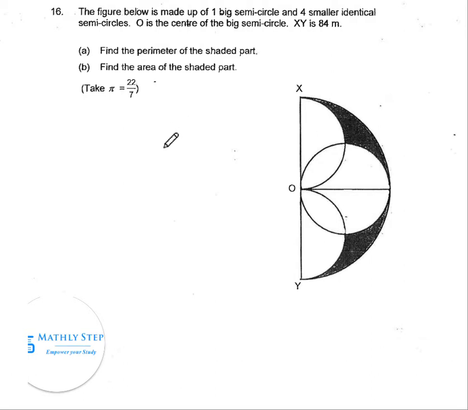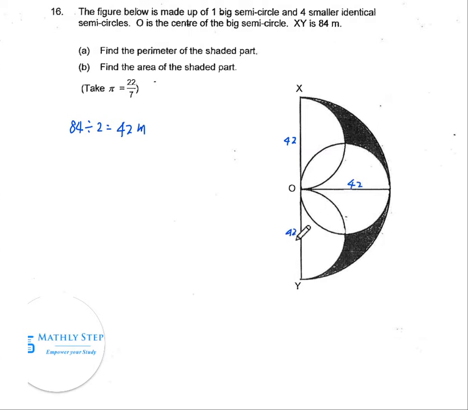Okay, so SY is 84 meters. So XO, which is the radius of the big circle, is 84 divided by 2, equal to 42 meters. This is 42. This will also be 42.